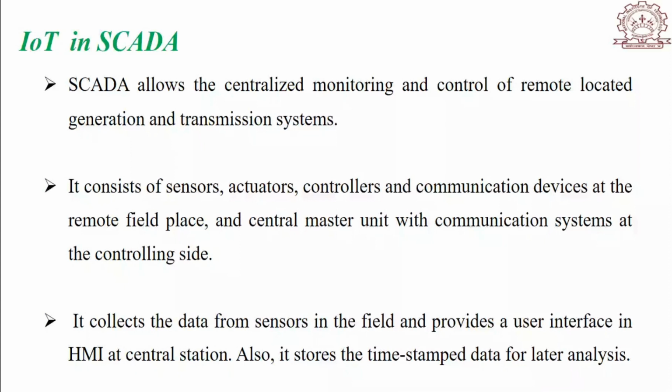It also collects the data from all the sensors in the field and provides a user interface in the HMI at the central station, and it stores time stamped data for later analysis.